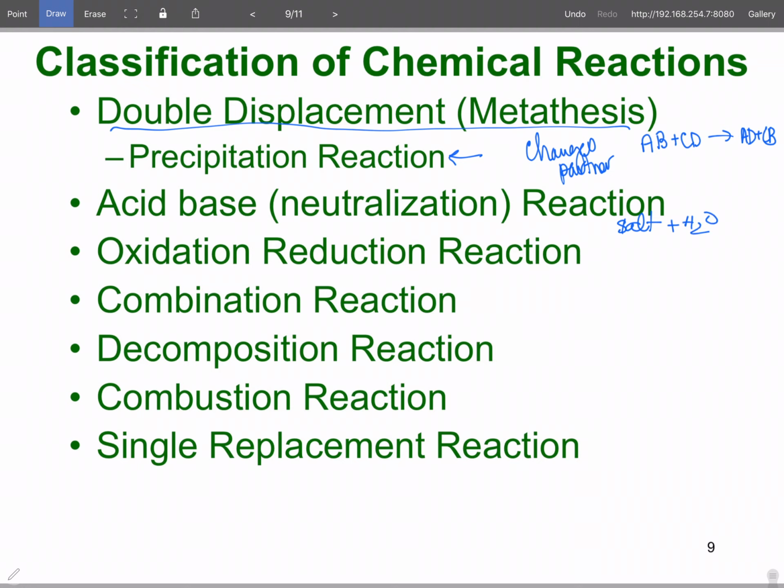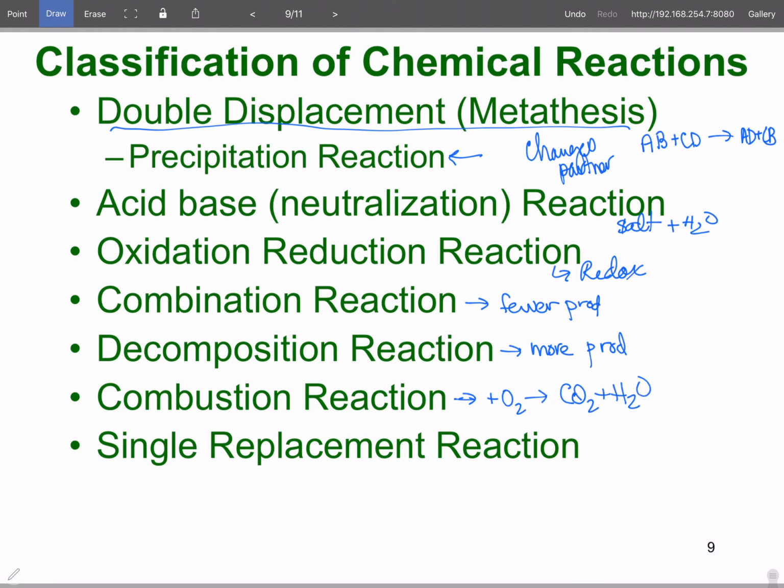But an oxidation reduction reaction is known as a redox reaction, and is where oxidation numbers vary. Again, look at that. Combination, you're going to combine species so you have fewer products. Decomposition means that you have more products than you do reactants. Combustion reaction is going to react with oxygen to form CO2 and water.